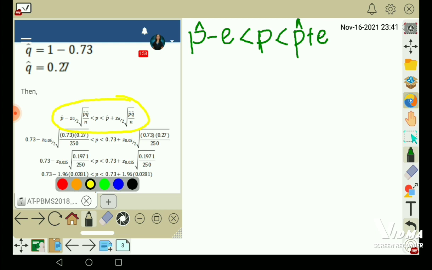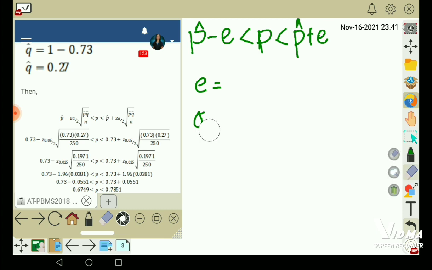Now the easiest way to solve for this is first to determine your margin of error. To determine your margin of error, we need to first determine your standard error, which is given by your sigma sub p hat.